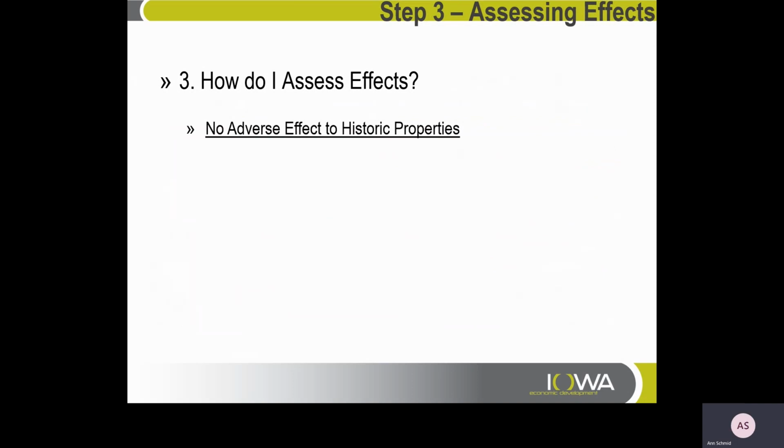So when we talk about no adverse effect to historic properties, we want to make sure that the scope of work is in line with those standards that we just presented. We want to work under a do no harm concept. So in step 2, we evaluated properties and determined them National Register eligible based on how they are. In step 3, we're assessing how our project could affect those.